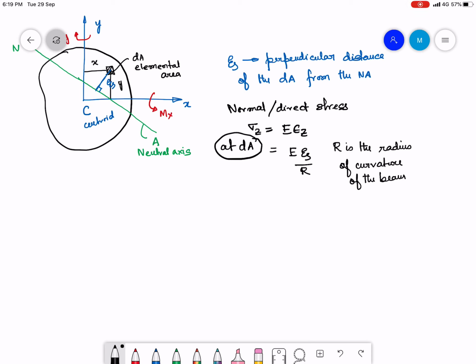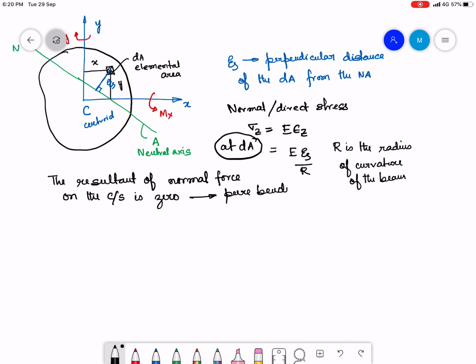Now, since the beam is under pure bending, the resultant normal force on the cross section is 0.